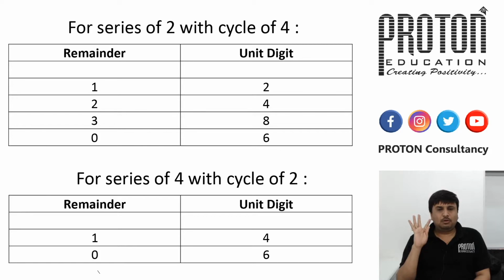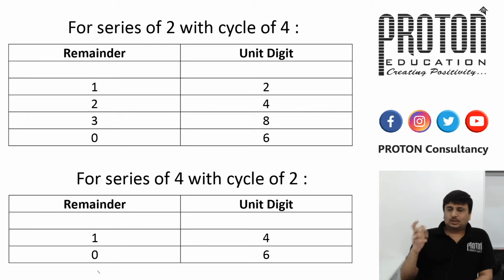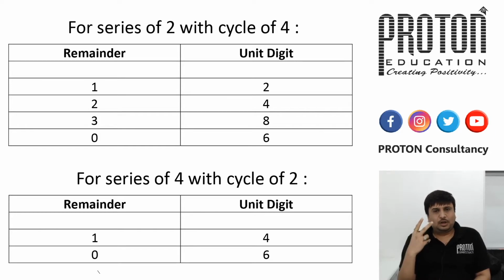As we are dividing by 4, our remainders would be 1, 2, 3 and 0 only. For the series of 4 with a cycle of 2, when we are dividing a number by 2, our remainders will be either 1 or 0. So when the remainder is 1, my answer is 4. When my remainder is 0, my answer is 6.